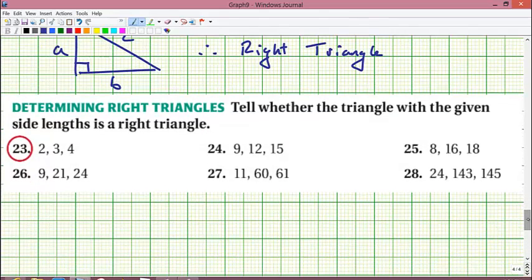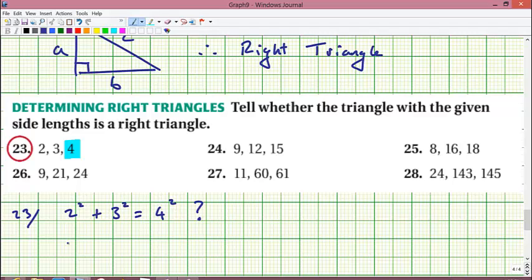It says tell whether the triangle is a right triangle. We've got the triangle 2, 3 and 4. If we look at our problem, the largest side is assumed to be the hypotenuse. The hypotenuse is always going to be the longest side. So the relationship in question 23, it's assumed that 2 squared plus 3 squared equals 4 squared. That is the question we are trying to answer.